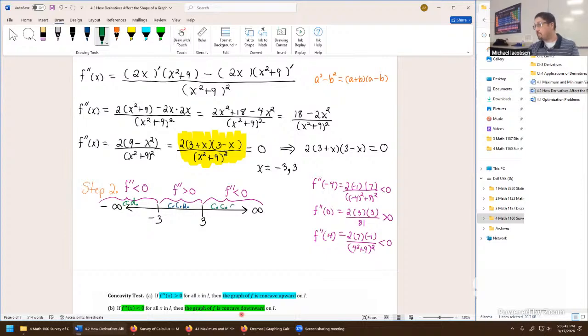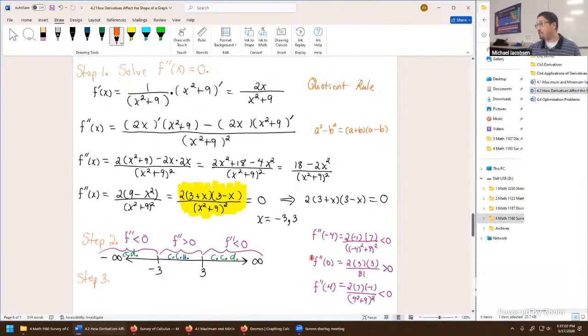So concave downward there. Well, that's step 2. Really, step 2 is just a bit of graph work here, doing some test outputs, citing the test directly. And step 3, it's just a big summary to everything we've done.